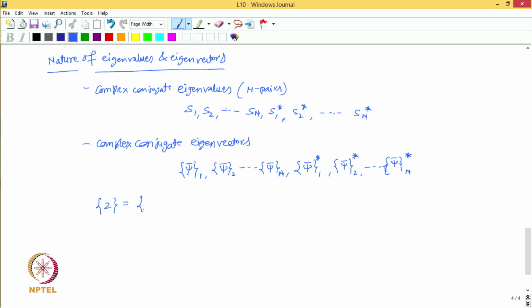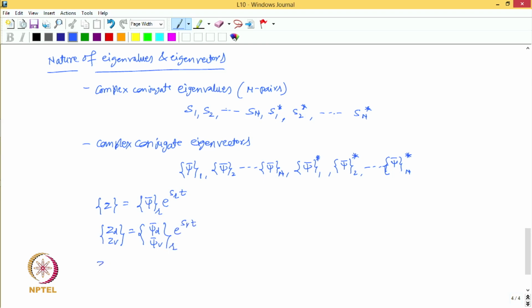So, if I consider the rth eigenvector and the corresponding rth eigenvalue, then the z can be written as vector psi bar r e to the power Srt, and if we partition this z into displacement and velocity coordinates, and similarly partition the eigenvector also into displacement and velocity coordinates, we can write this in this manner, right.